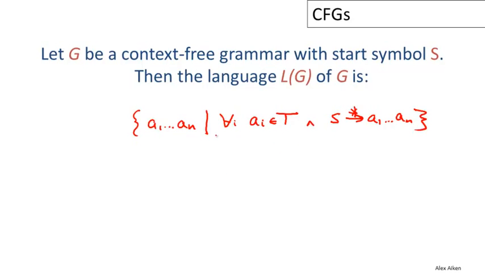Okay? And so what is this saying? This is just saying that all the strings of terminals that I can derive beginning with just a start symbol, those are the strings in the language.